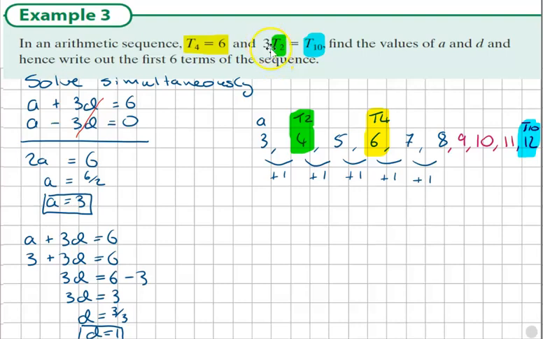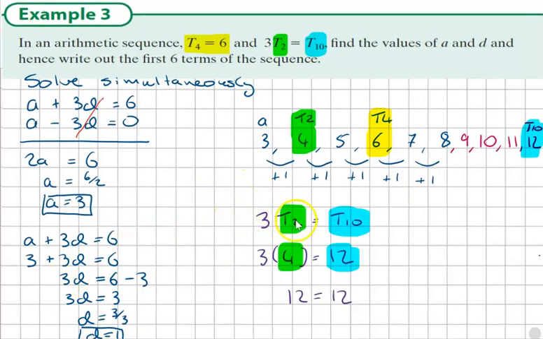So 3 times the second term, so 3 times 4, is equal to the 10th term, which is 12. So 3 times T2 is equal to 3 times 4, which is equal to 12, which is term 10. Just confirming that the information given in the question is correct and it fits in with our answer.